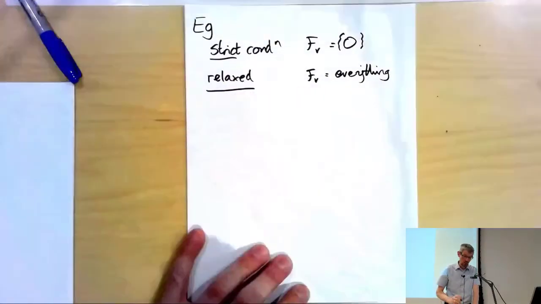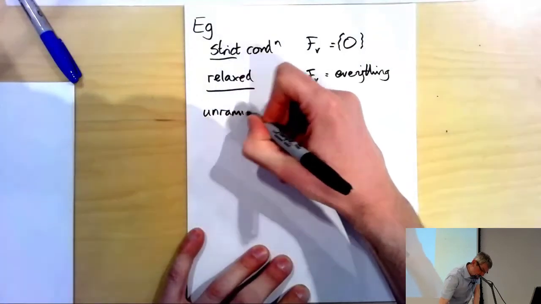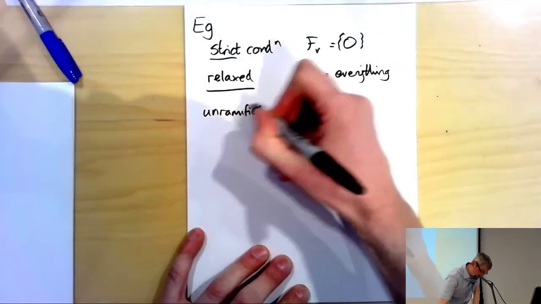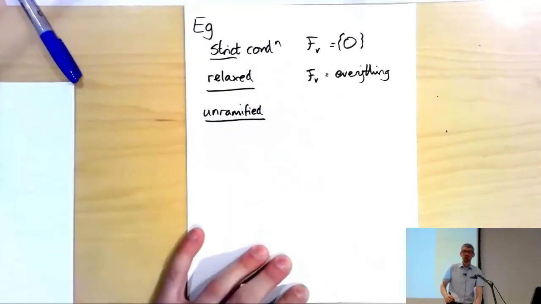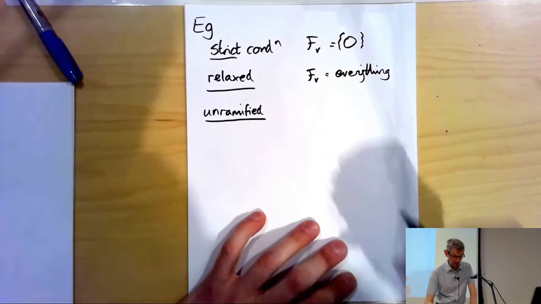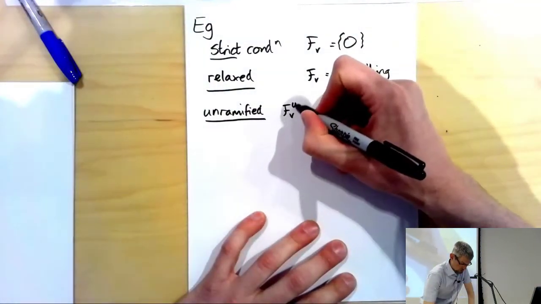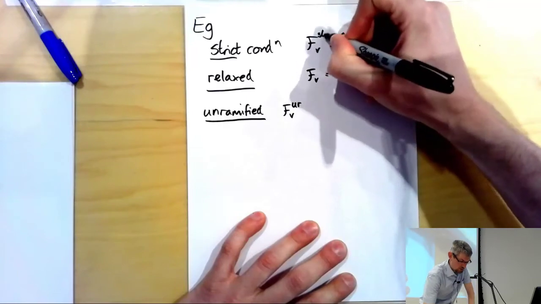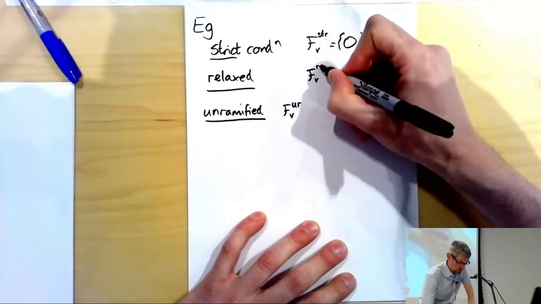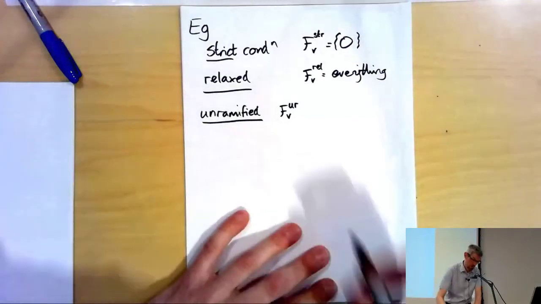But there are some more subtle ones. And these are the ones that are going to give us some interesting control on the cohomology. The unramified local condition. Let me just put some notation on these. So "str" for strict, "rel" for relaxed, and "ur" for unramified.